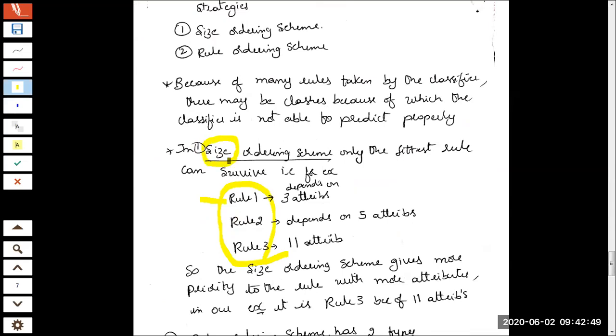It will become a metric for making a decision. For example, rule 1 is using 3 attributes, rule 2 is using 5, and rule 3 is using 11. Now you should tell me which is the rule with the highest priority and which is the rule with the lowest priority based on the defined constraint.